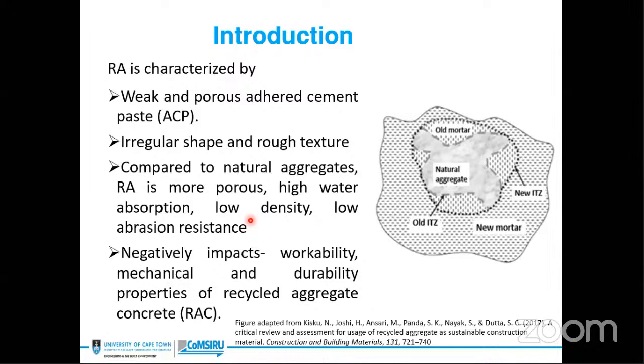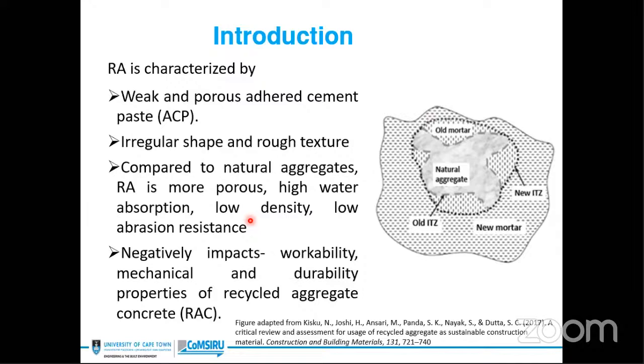Also, recycled aggregate has irregular shape. Usually, the shape is elongated, very angular, and it also has a rough texture, which is a consequence of the production process, basically the crushing process.